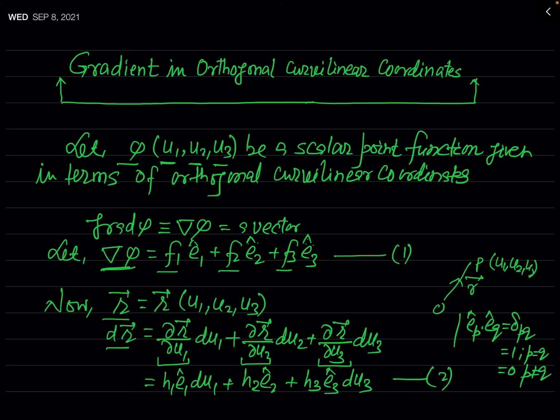So e1 hat dot e1 hat will be 1. Similarly, e2 hat dot e2 hat will be 1, and e3 hat dot e3 hat will be 1. But when you take e1 hat dot e2 hat, or e1 hat dot e3 hat, or e2 hat dot e1 hat, or e3 hat dot e2 hat, it means when the subscripts 1, 2 and 3 are different, this scalar product will be 0.